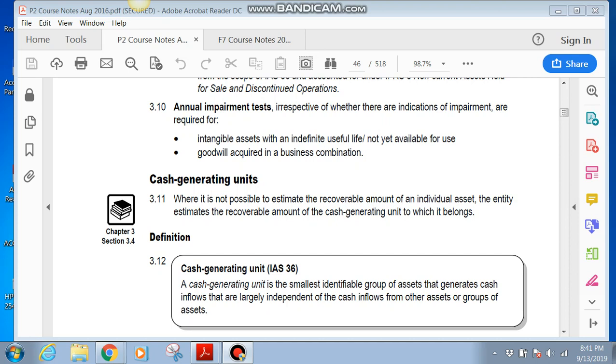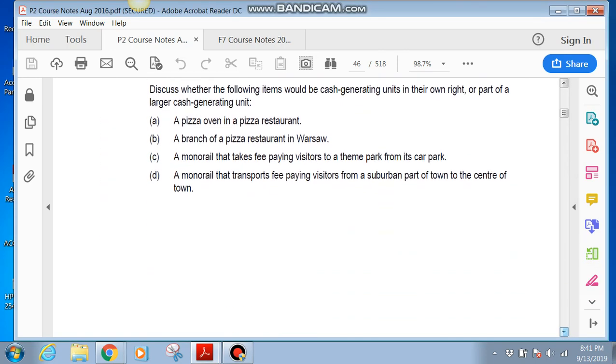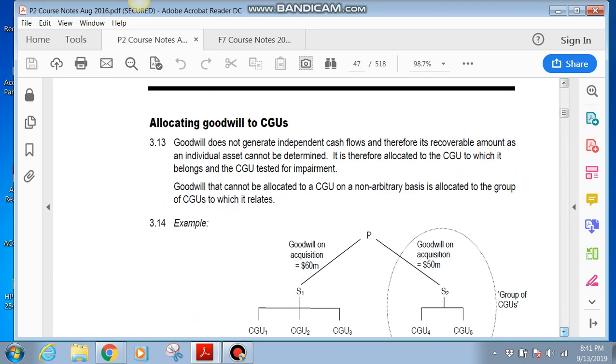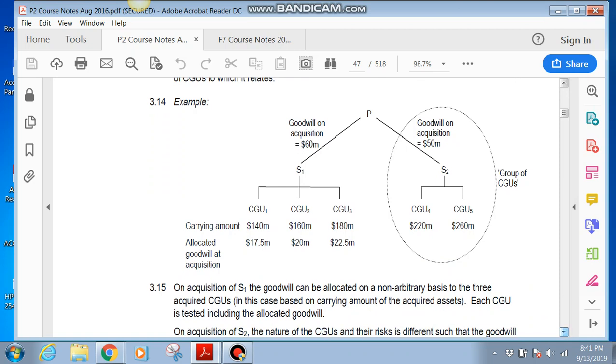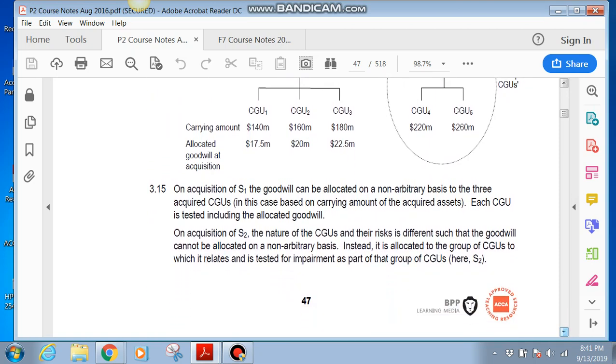When you have this CGU, and the CGU is impaired, how do we allocate this impairment?